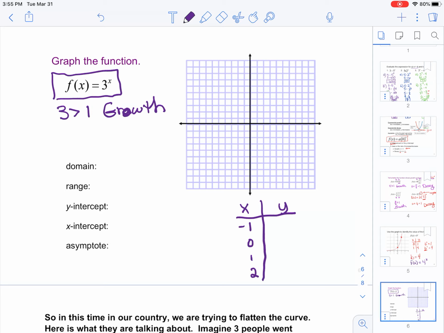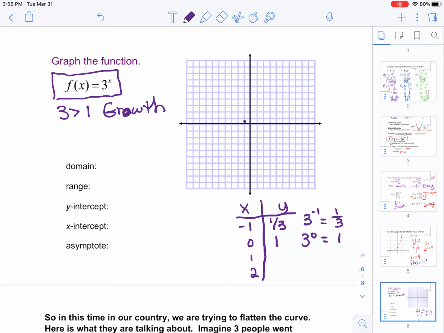Okay. So if I plug in -1, 3 to the -1 has to go to the denominator, so my answer is going to be 1/3. So -1, 1/3, and we're just going to estimate there. 3 to the 0, anything to the 0 power is 1.